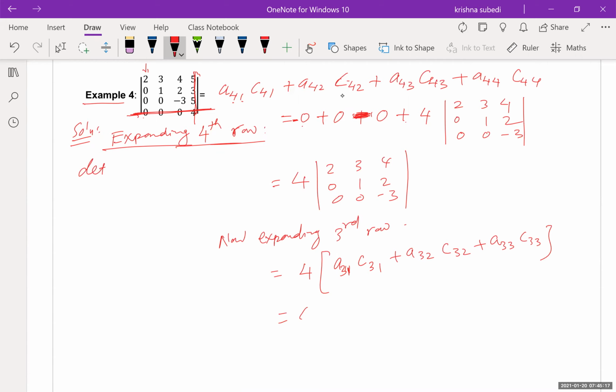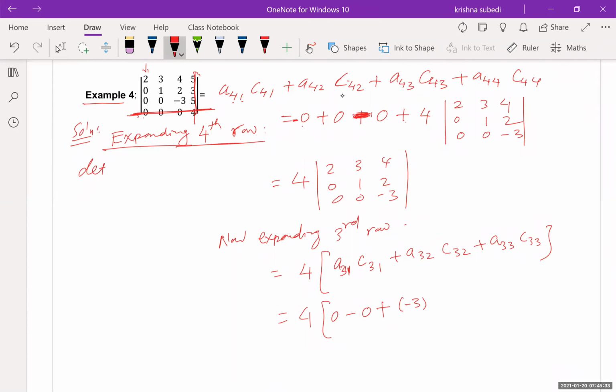So that's going to give me 4 times, this one will be 0, 3 plus 1 is 4, so positive but 0, and negative 0, and then negative 3, and 3 plus 3 is 6, which means positive.